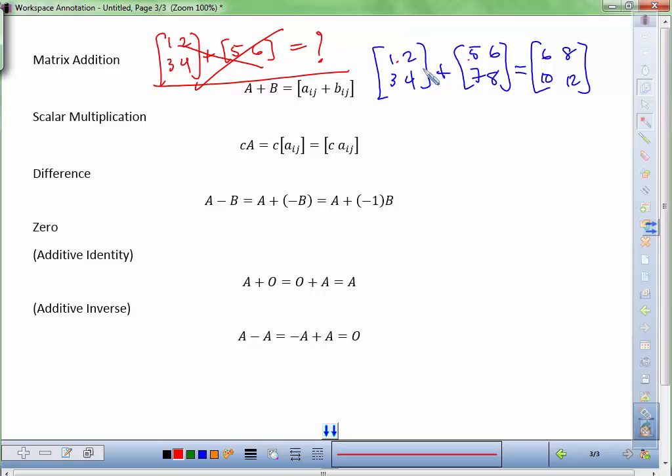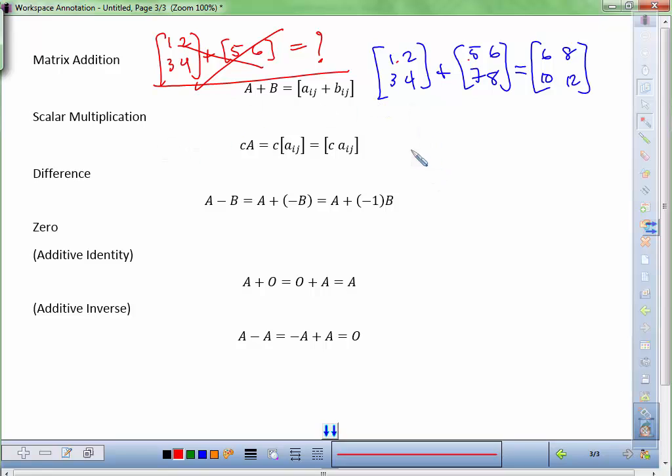Well, I think row operations are a different kind of concept than what we're doing right now. We'll see that there's an intimate relationship between row operations and multiplication by some special matrices. We'll see that later on. Okay, but for now, this is addition. They have to have the same size.